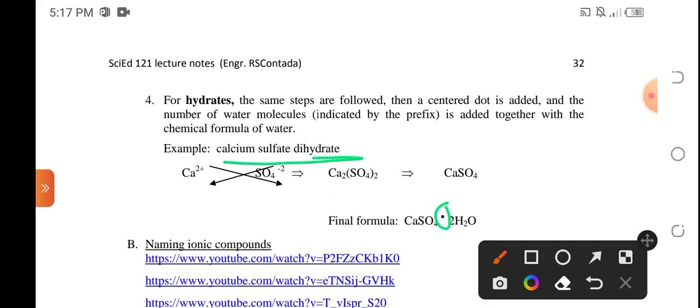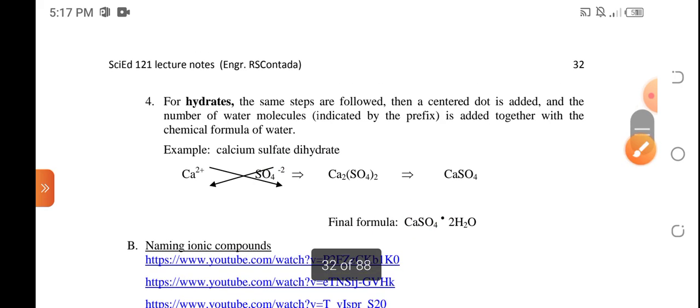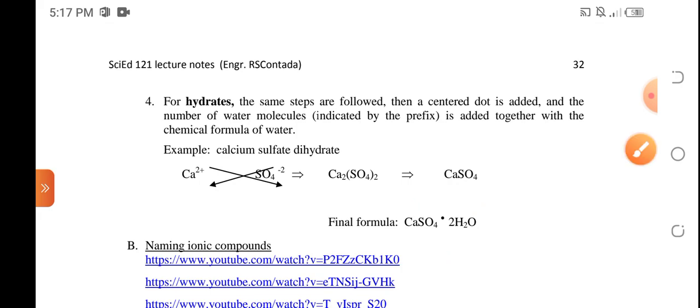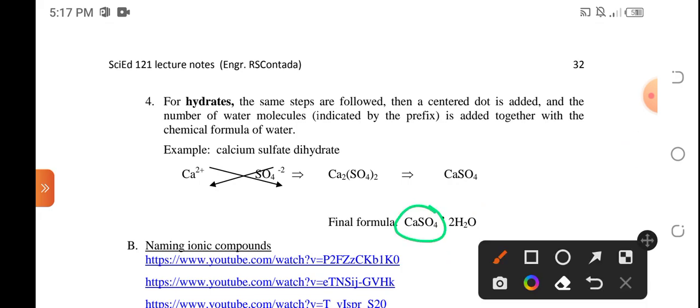Pero sa pangalan, walang dot. Okay? Calcium sulfate dihydrate. Pero pagdating sa formula niya, yung formula ng ionic, merong dot in between ng ionic and yung hydrate part. Okay? So this is the calcium sulfate and then this part is the dihydrate.